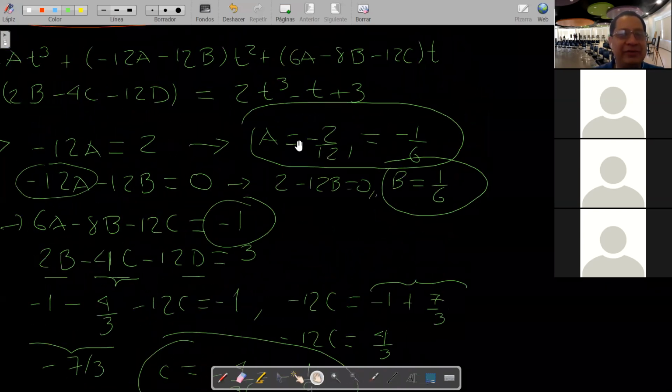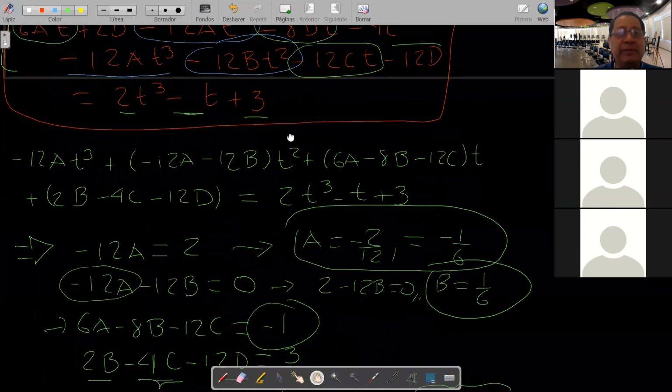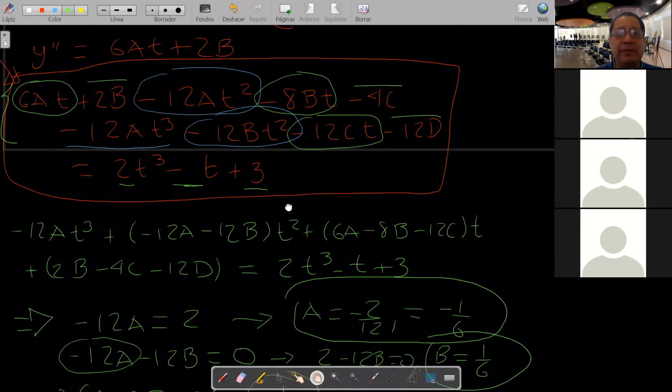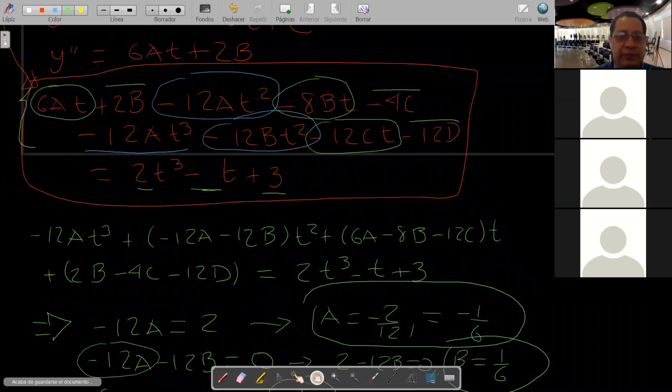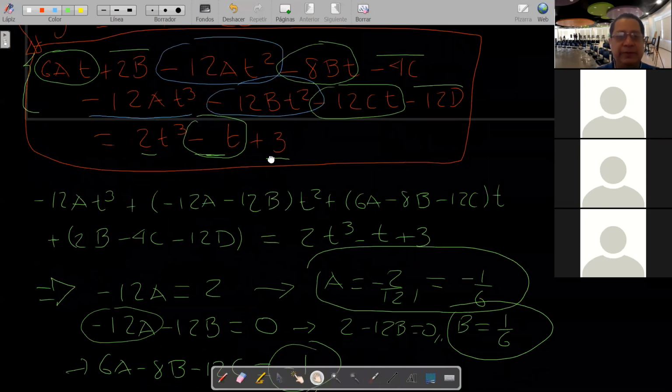Yeah. I think it is because we have -t. Ah, here's the coefficient. That's the coefficient for negative t. Okay. Thank you, teacher. Okay.